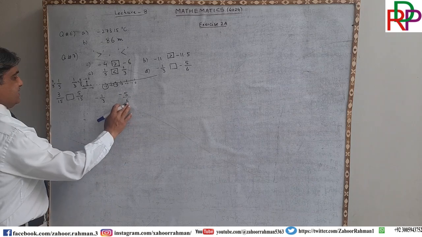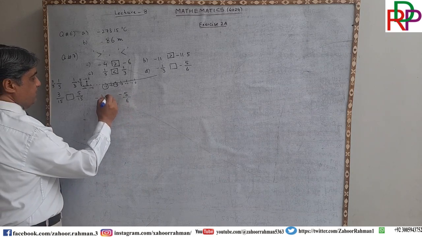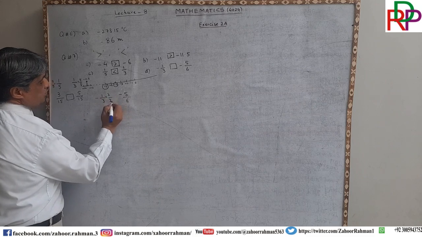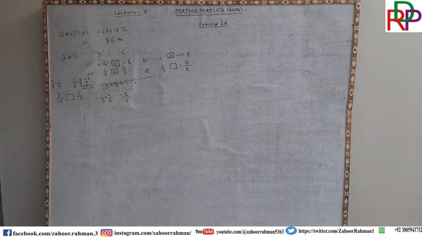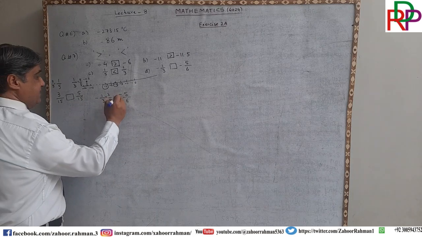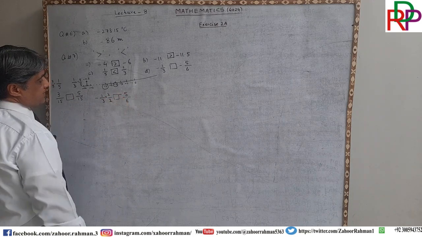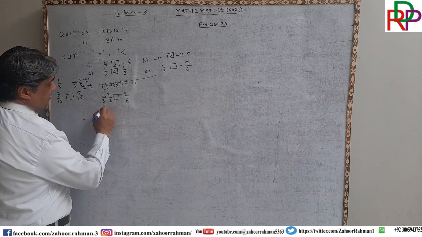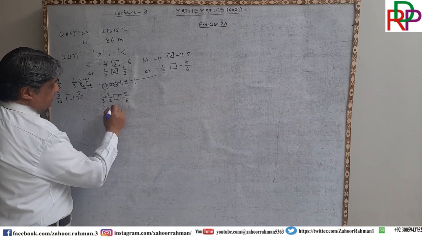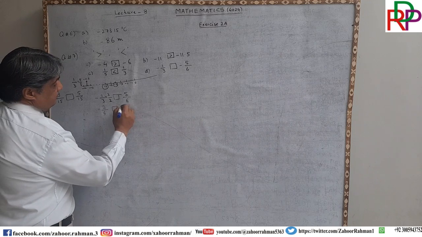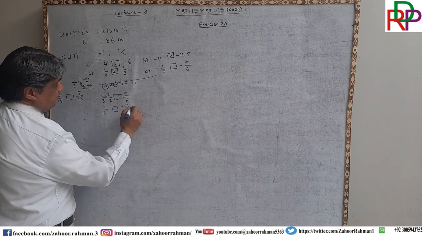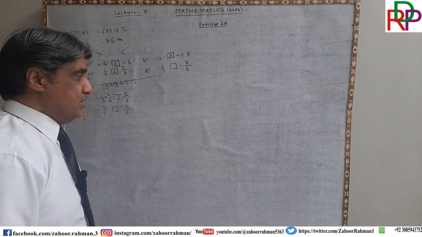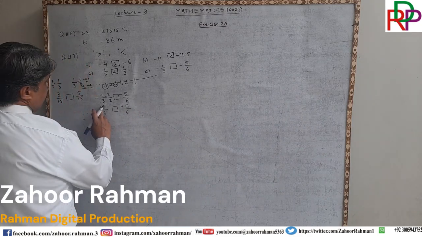Now this is 6. Only we have to multiply this by 2 over 2, so it will also become 6, and in the middle is an empty box. So this will be minus 2 over 6 and minus 5 over 6. Now the denominators are the same, so we have to check the numerator.